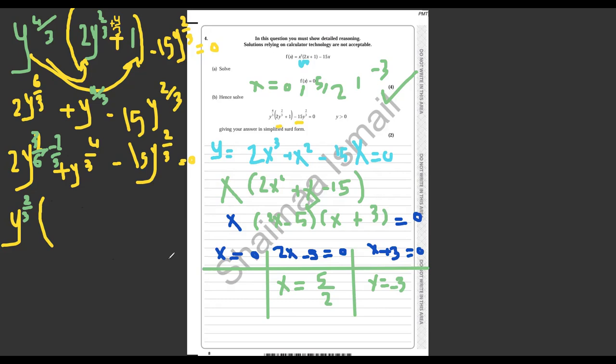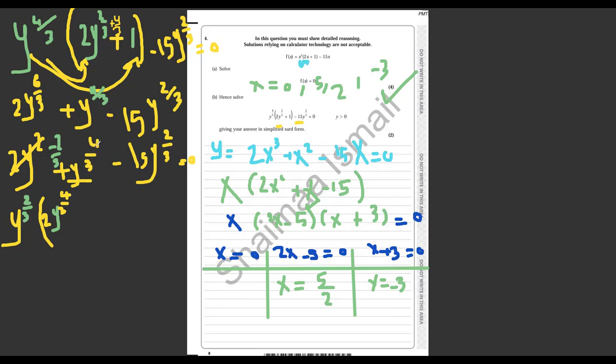Okay, so 2 minus 2/3 gives us y to the power of 4 over 3, here we have 2. Okay, so we keep the first one here. Let's move to the second: y to the power 4 over 3.